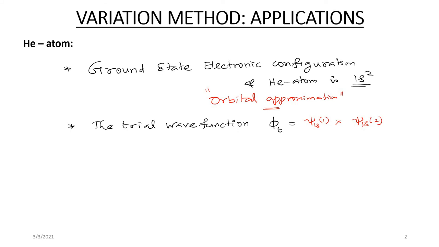Whenever a system with many electrons is given, to write the total wave function you can use this approximation called orbital approximation.